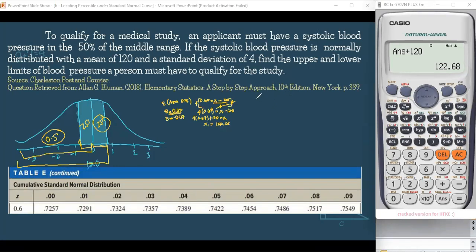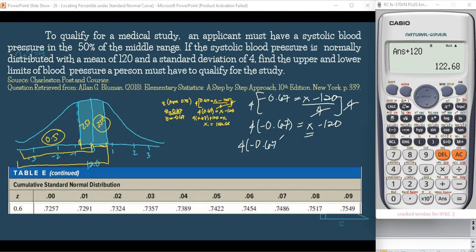So again, we have negative 0.67 is equal to x minus the population mean of 120 all over the population standard deviation of 4. Multiply both sides by 4 to eliminate the denominator. So makakancel siya. 4 times negative 0.67 is equal to x minus 120. So lipat natin sa kabila si negative 120 para po matira si x na lang since it is the value that we are interested in. So we have 4 times negative 0.67 plus 120 is equal to x.